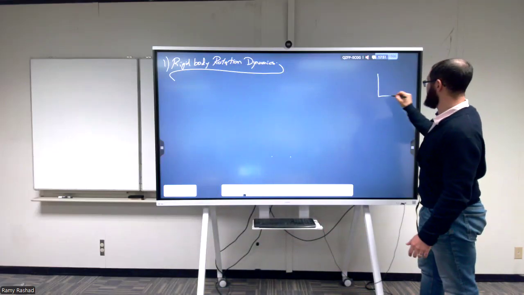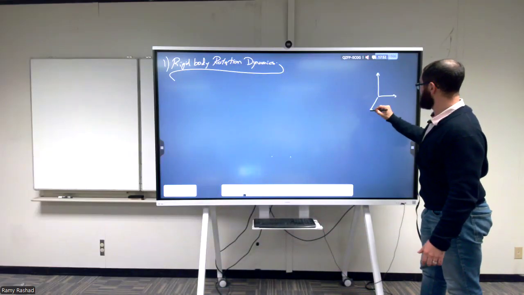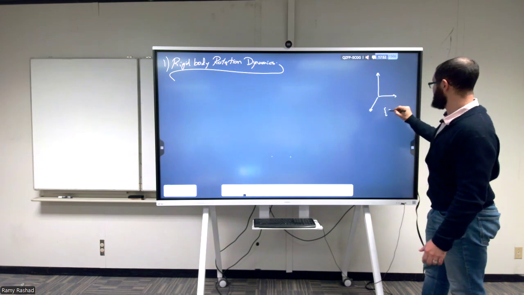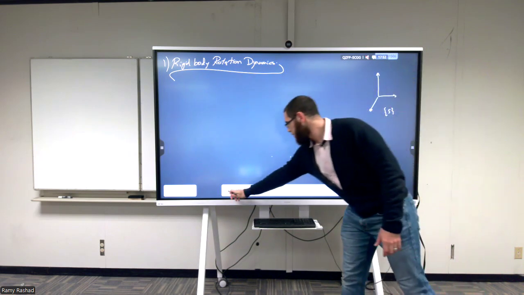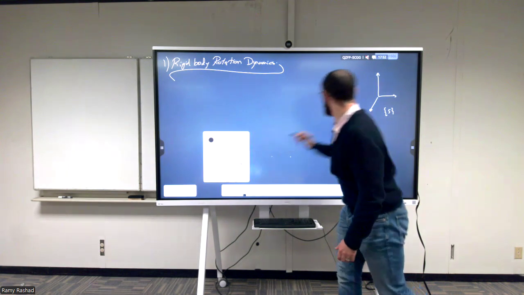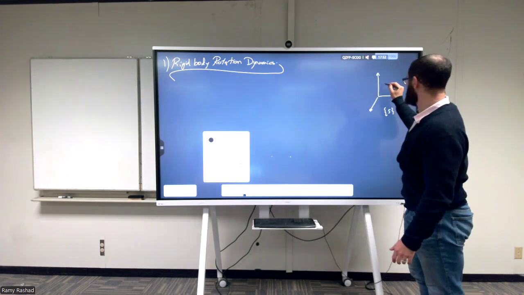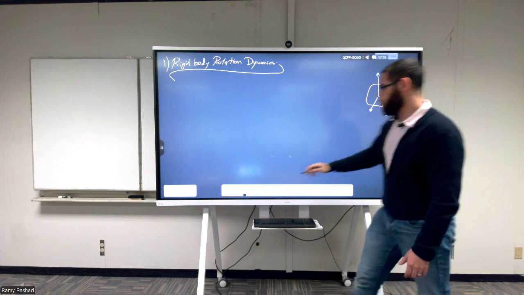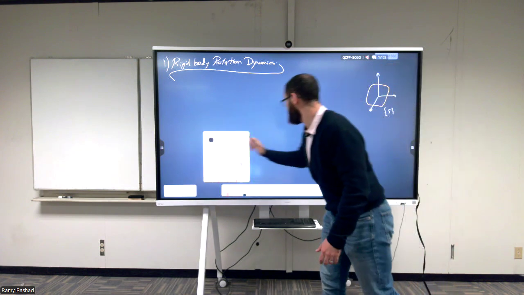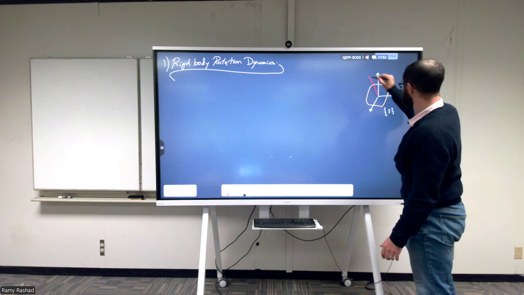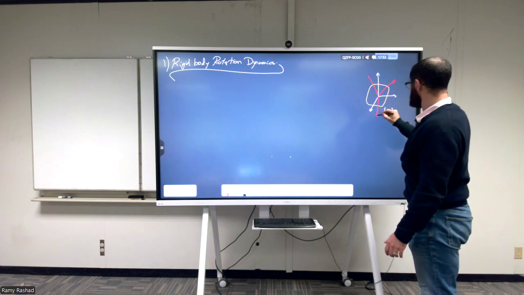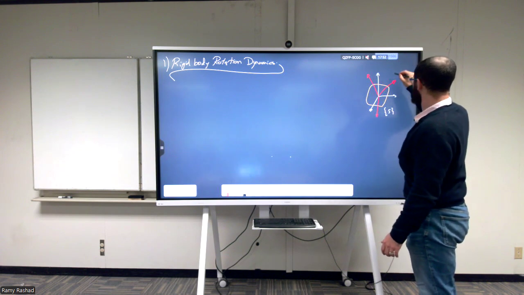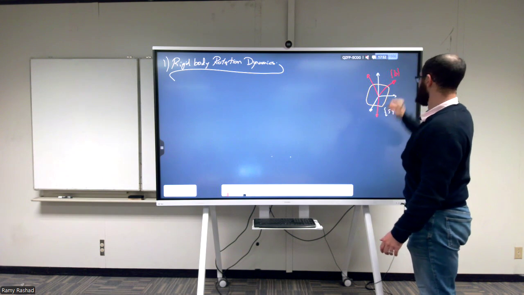We have some sort of stationary frame S, and then we have some sort of body. This is the body that's rotating, and attached to it, we have a body fixed frame, which is frame B.